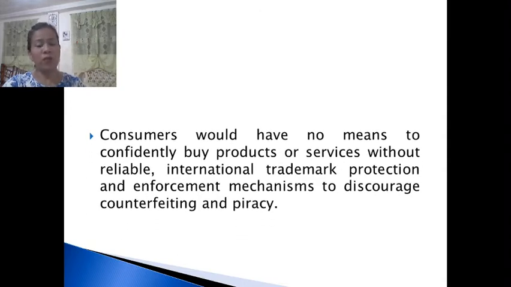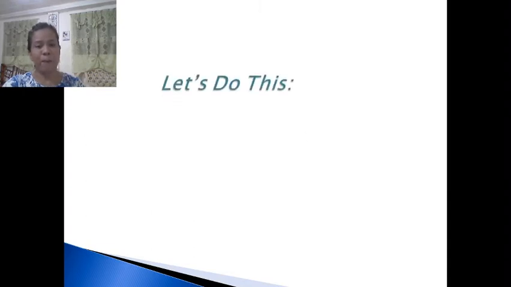Consumers would have no means to confidently buy products or services without reliable international trademark protection and enforcement mechanisms to discourage counterfeiting and piracy. Okay, so that's under intellectual property rights.